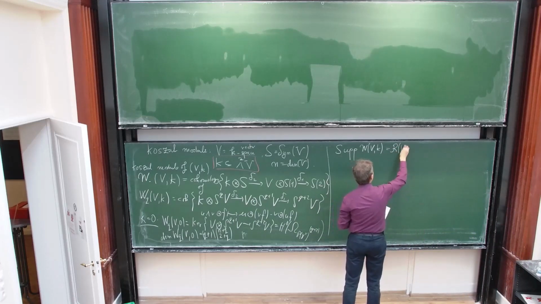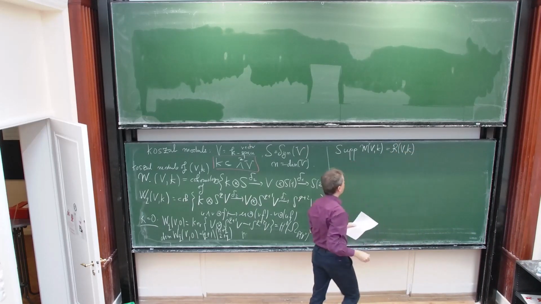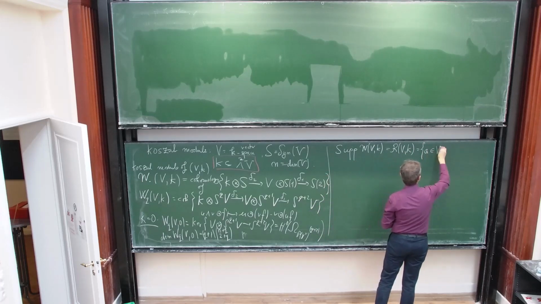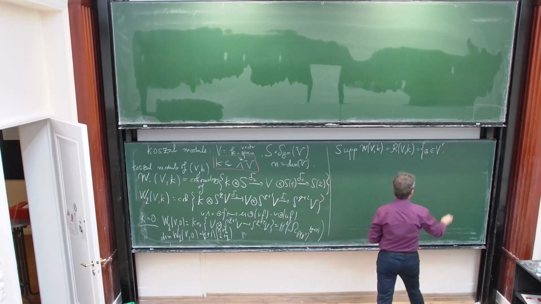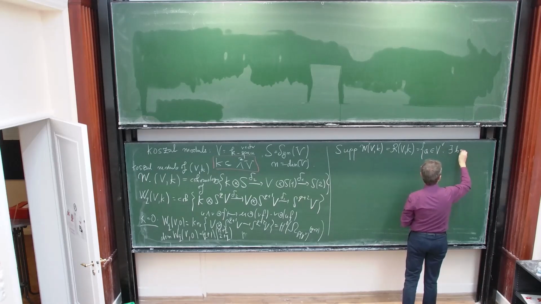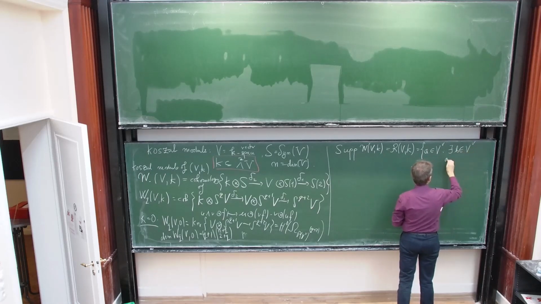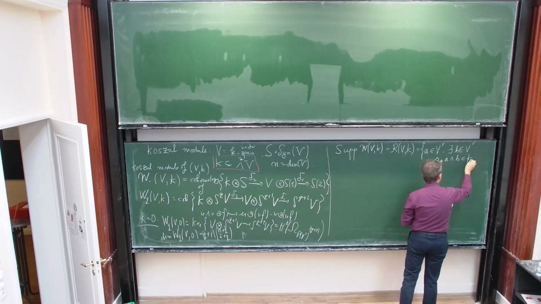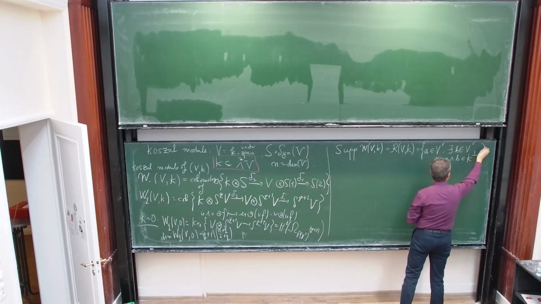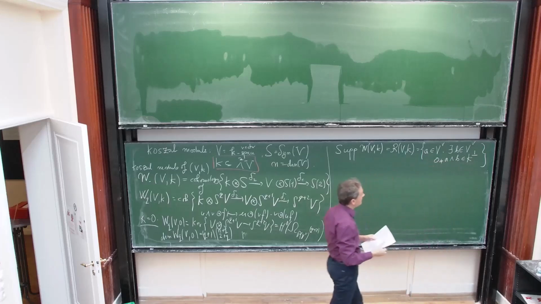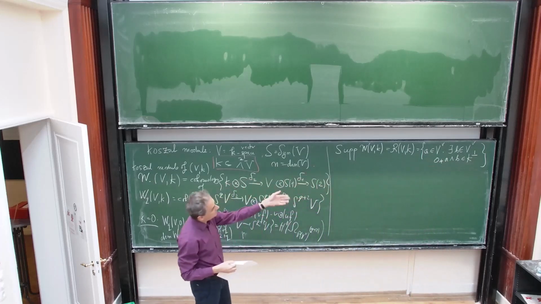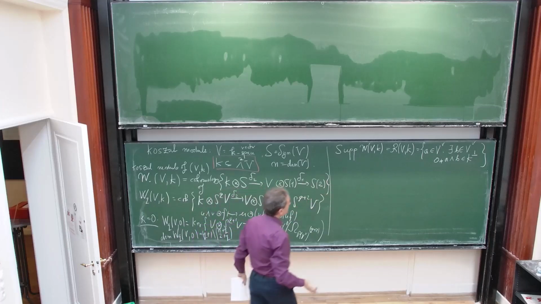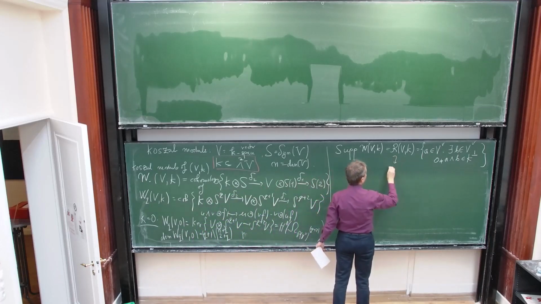By definition, it is the set of those a in V dual with the property that there exists a b in V dual such that a and b are not proportional, but when you view a wedge b as a functional on wedge 2 V and evaluate it on K, you get 0, or it lies in K perp. This is called the resonance variety.